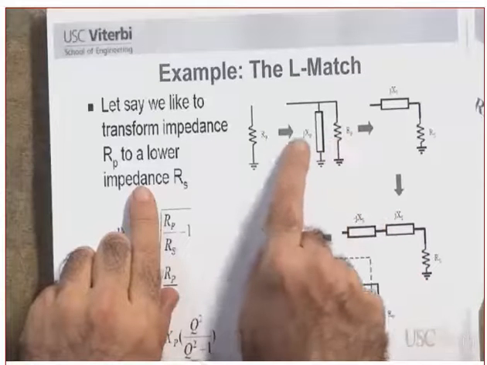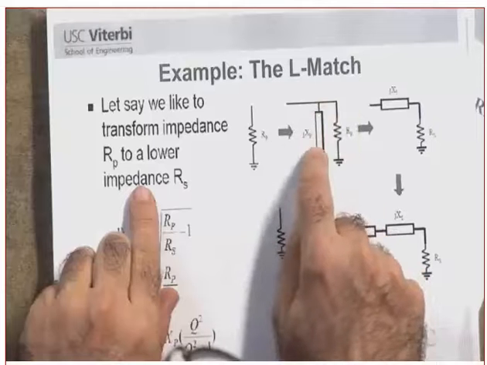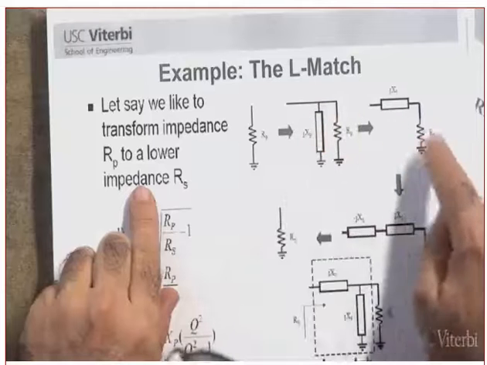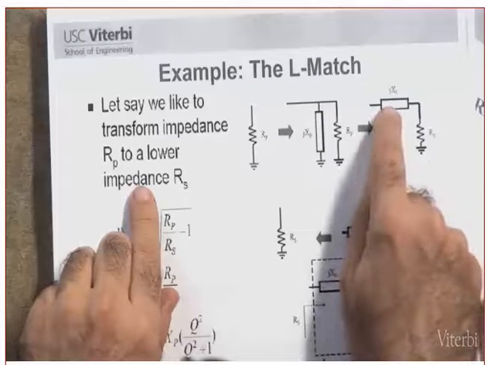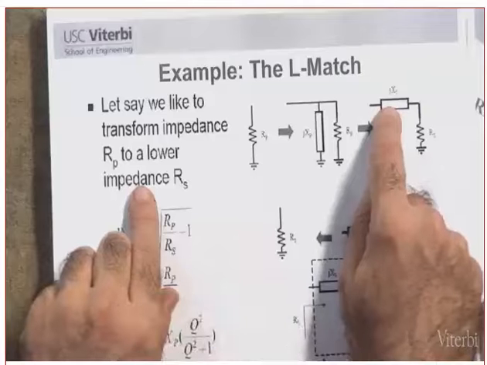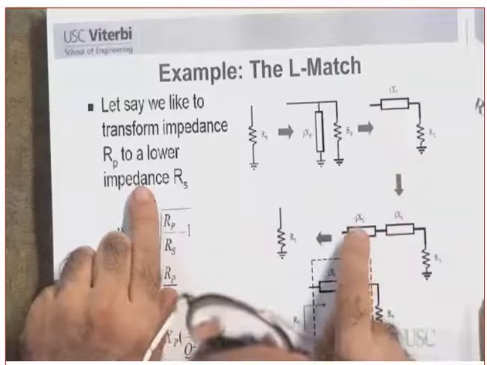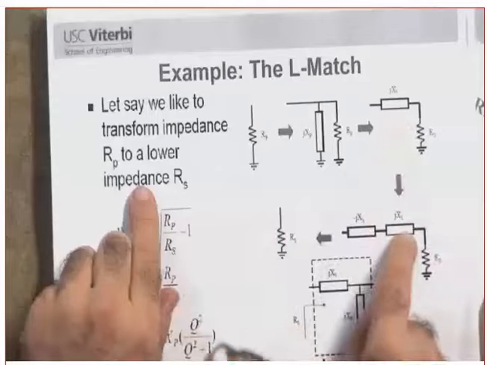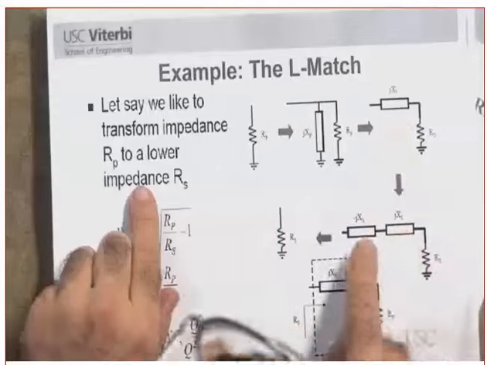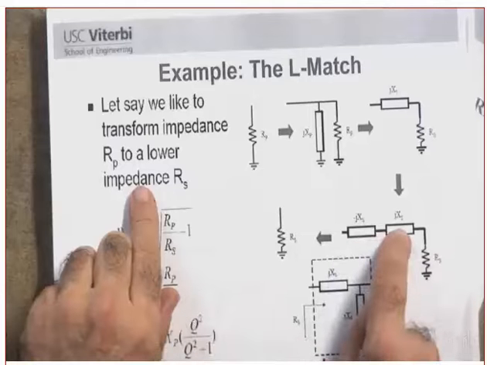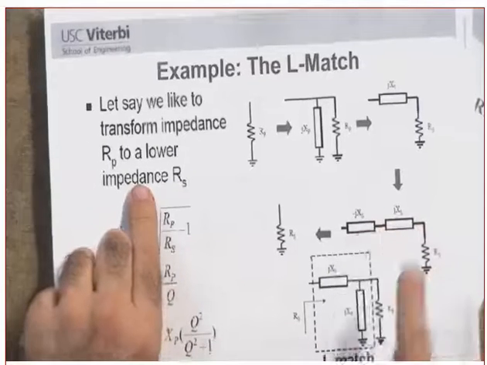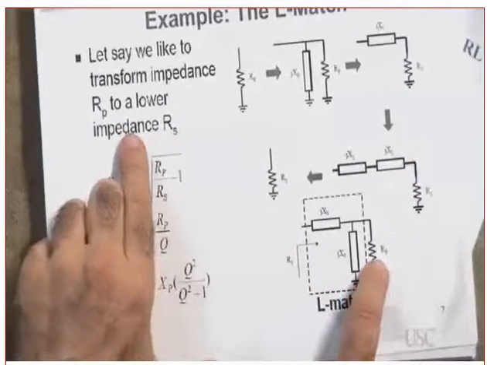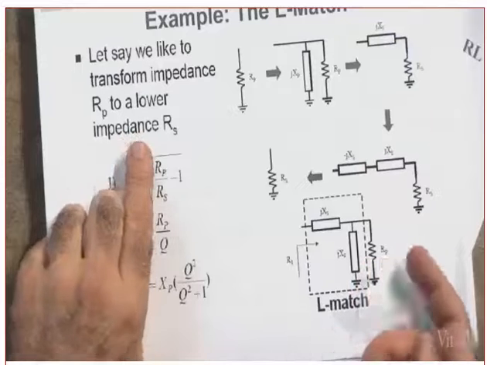And then what will I do? I transform this into a series, which is RS, JXS. Yes or no? And then I will add in series the complex conjugate of this, so that they cancel and I end up with RP. Did you get my point?